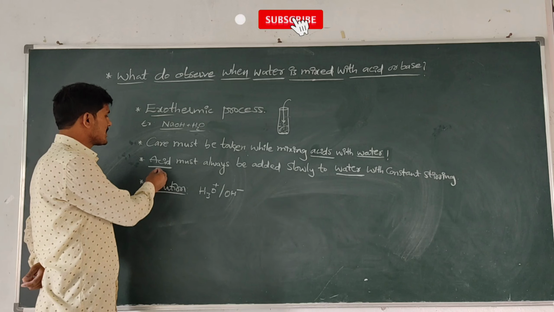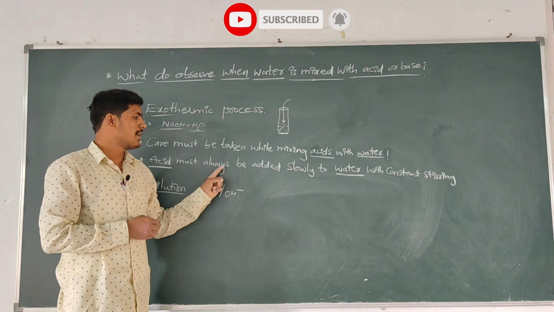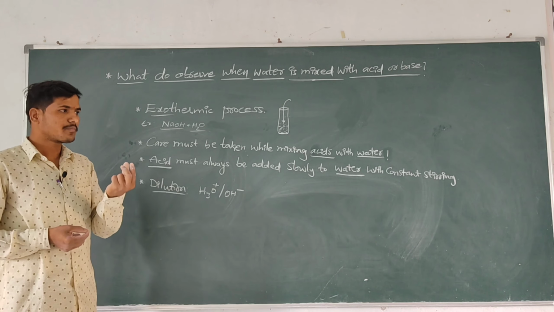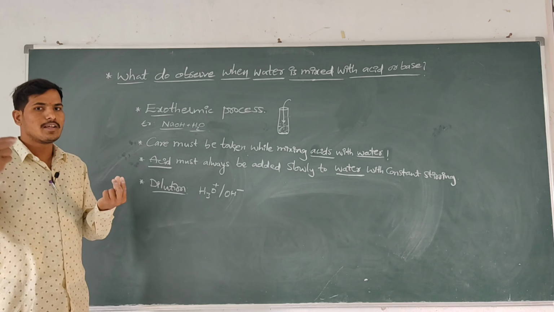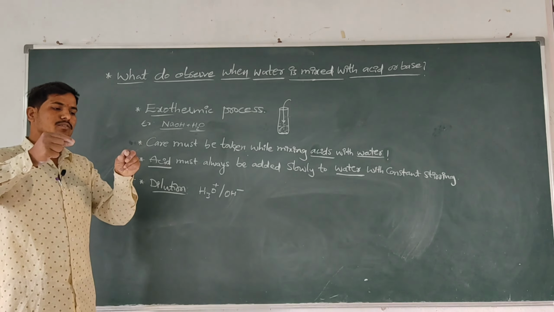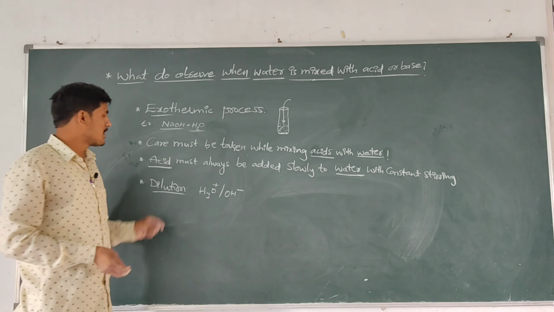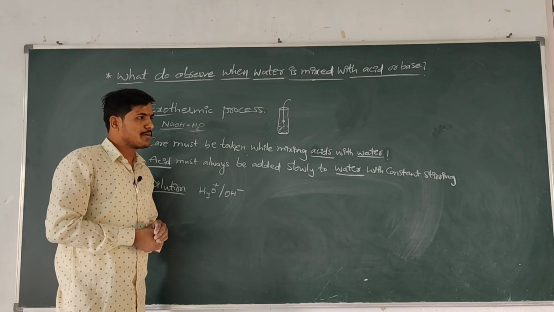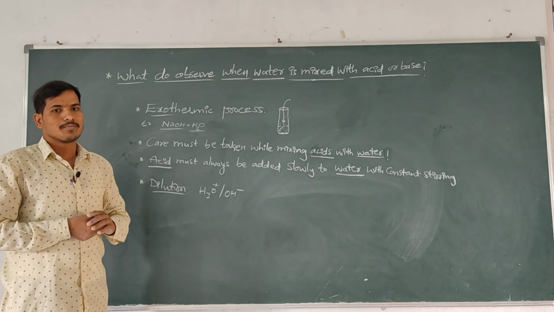For example, take a beaker or test tube. Imagine my right hand holds the acid. Take the acid and slowly add it into the other beaker. When we add acid to the water, it will produce some heat energy, and it will remain in the test tube.